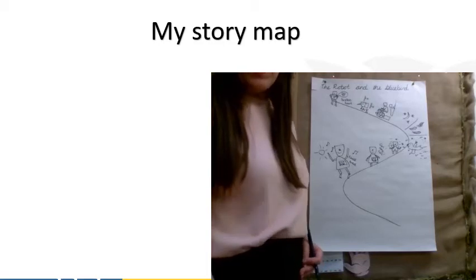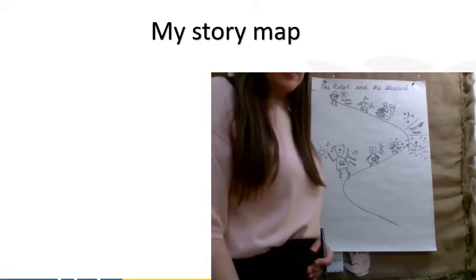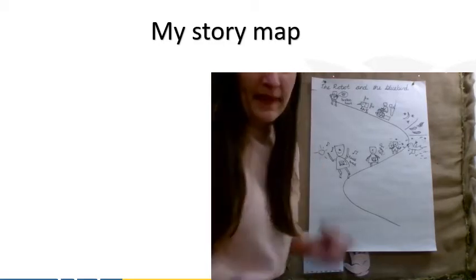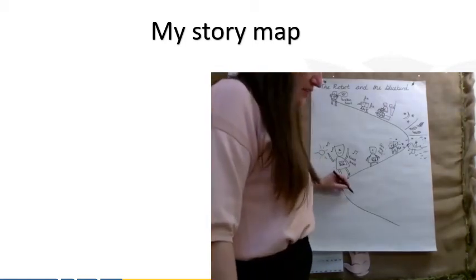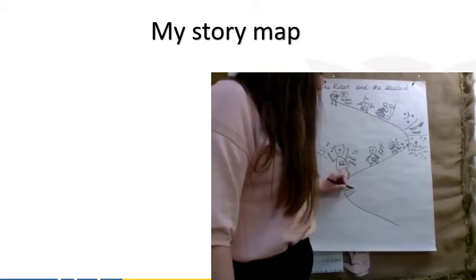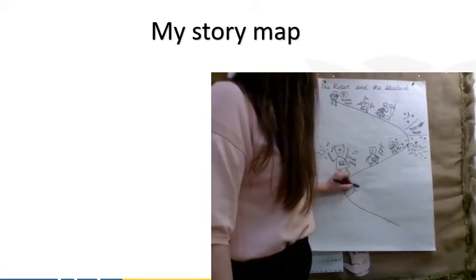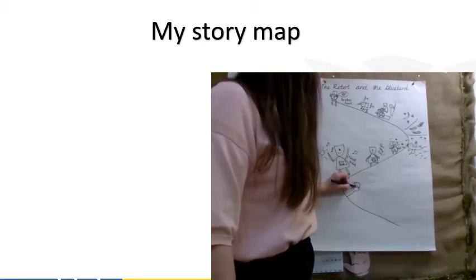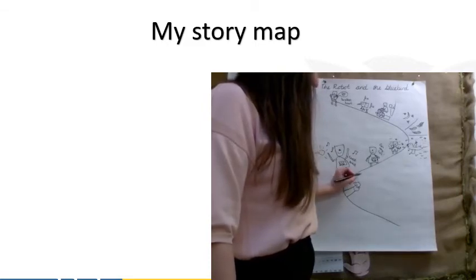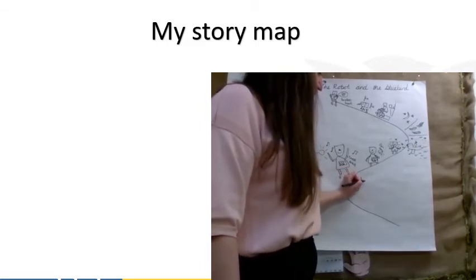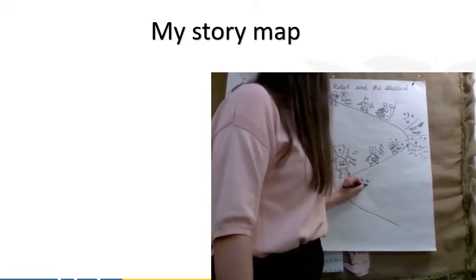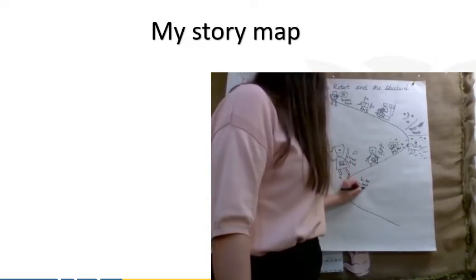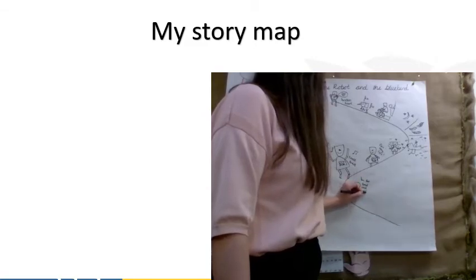But then the bluebird starting to feel a little bit tired and cold in the robot's heart. So I'm going to draw the bluebird here in the robot's hand. She's just saying, I'm too tired and cold.